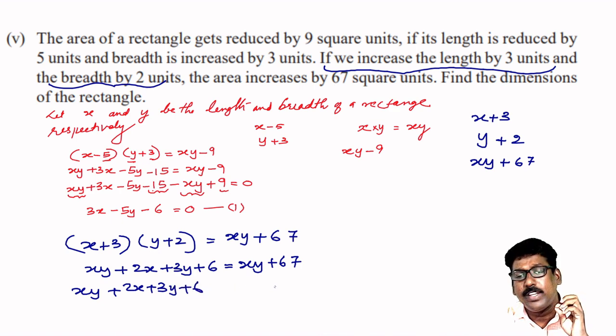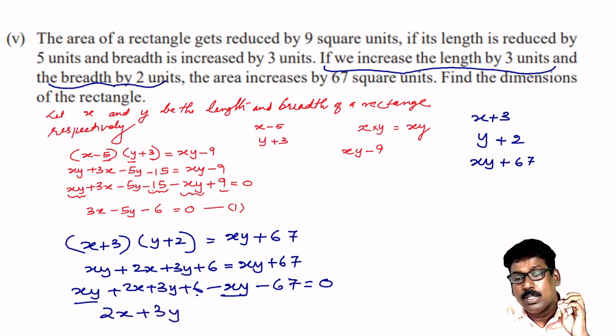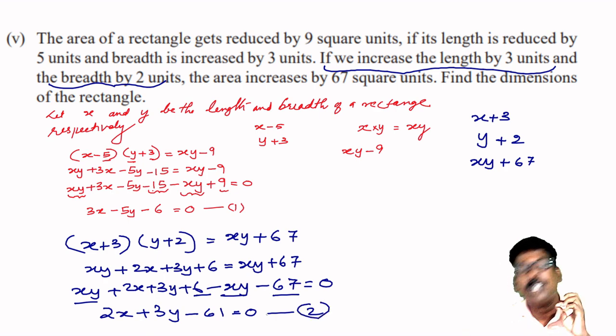Transpose xy plus 67 to the other side, that is minus xy minus 67 is equal to 0. Here xy minus xy becomes 0. Then 2x plus 3y. Now 6 minus 67 is minus 61, is equal to 0. This will be the second equation.